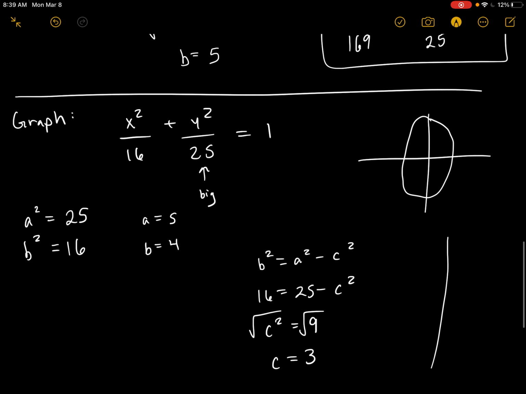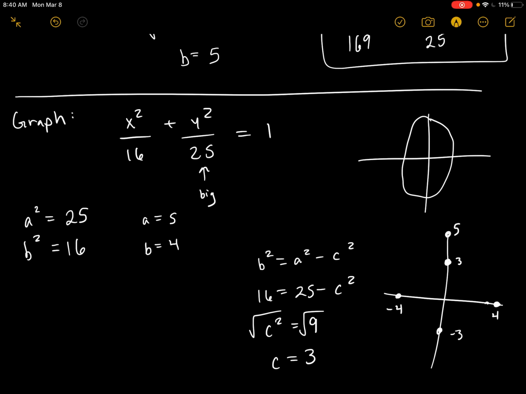So now we have a, b, and c. So we can use these to define what we're looking for. So c is the distance from the center to the focus. So that's positive 3, and that's negative 3. B is the distance from the center to the co-vertex. So here, that would be 4, and that would be negative 4.